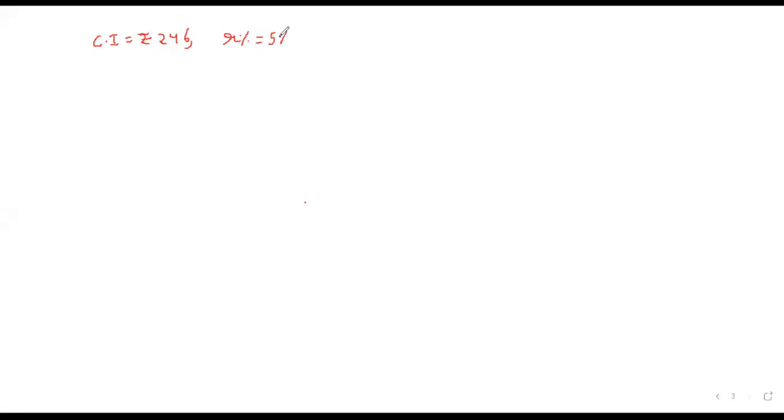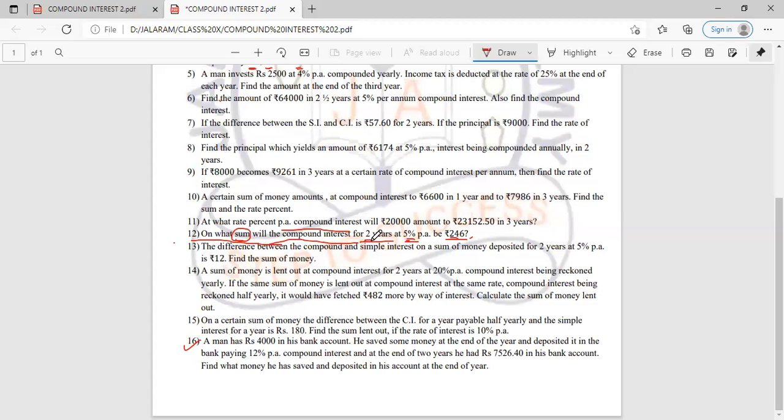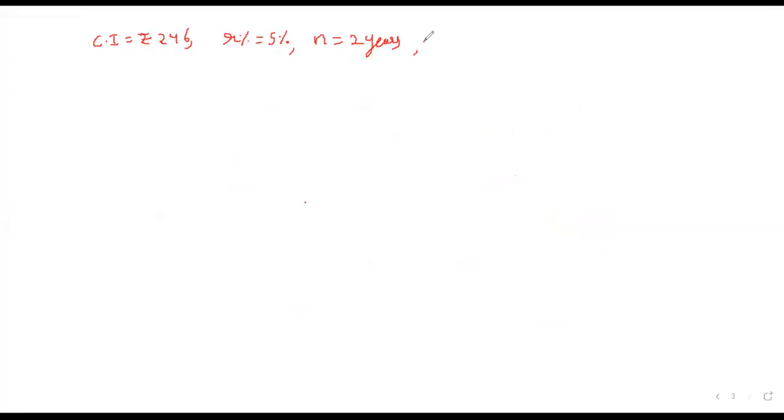Number of years, 2 years. And on what sum means we have to find the principal. Okay. So we continue after writing all the information.